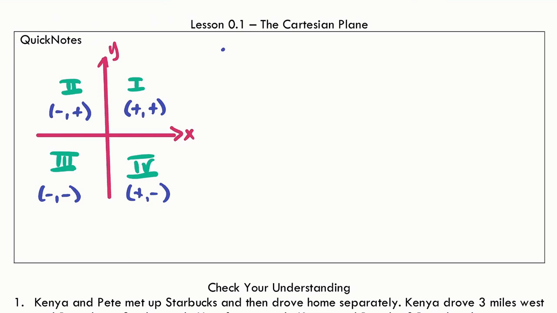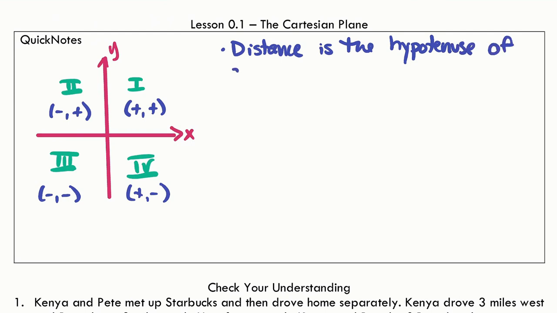And then I'm going to show you the distance formula, but it helps if you just realize it's just like a fancy Pythagorean theorem. So the distance is the hypotenuse of a right triangle.